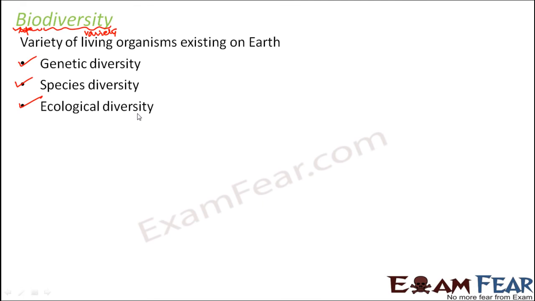So different restaurants are like different ecosystems, and different ecosystems have different variety of living organisms. Somewhere you might have more number of animals, whereas the other one might have fewer. So the variety will be different based on different ecosystems. These are the three levels of biodiversity: genetic diversity, species diversity, and ecological diversity. Now we will quickly talk about each of these diversities in detail.